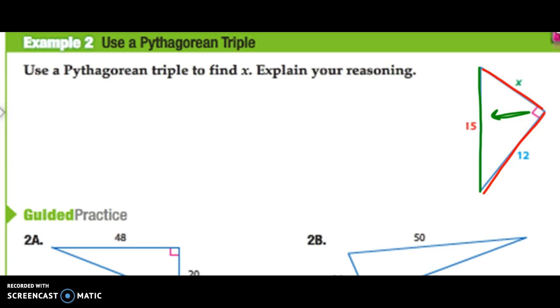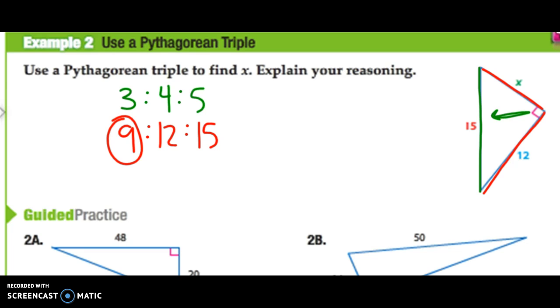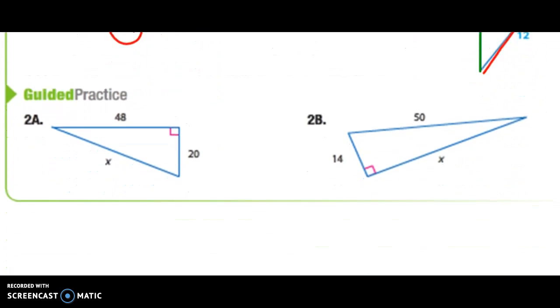Well, it doesn't work out nicely for any of the Pythagorean triples that they listed, but it does say that the original one, 3, 4, 5, if I multiplied it by 3, I'd get 9, 12, and the hypotenuse of 15. So what's the missing side? It's going to be 9. And you could solve it the same way we did example 1.